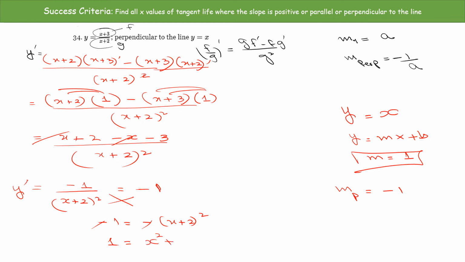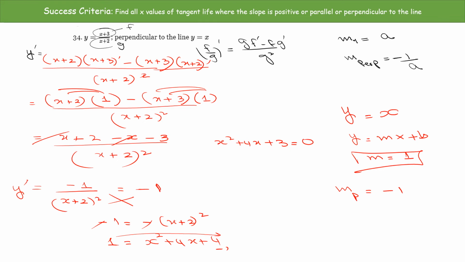So 2 times x times 2 will give you 4x, plus b square, that means 2 square, which will give you 4. Now bring the 1 on the other side. You will get x square plus 4x plus 4 minus 1 gives you plus 3 equals 0.